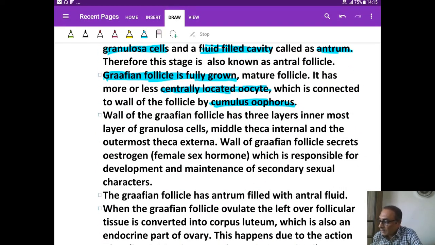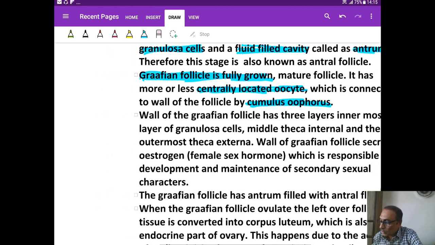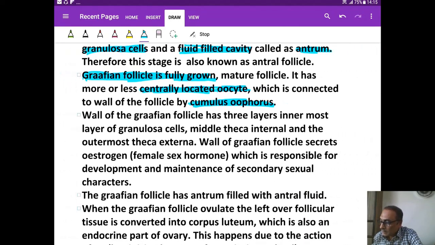Then we have seen the three layers of the Graafian follicle: granulosa cells, then theca interna and theca externa, and we also see that the wall of the Graafian follicle is responsible for secretion of estrogen, which is responsible for maintaining secondary sexual characters in female.